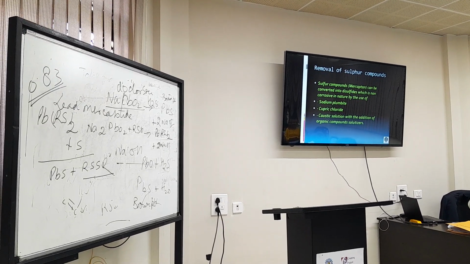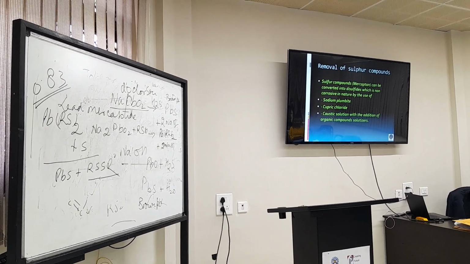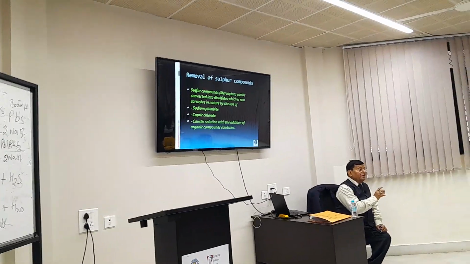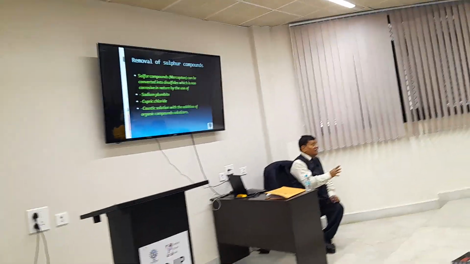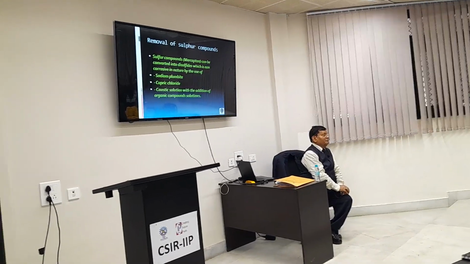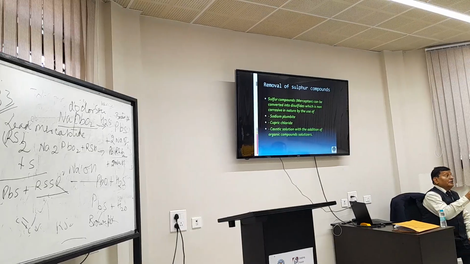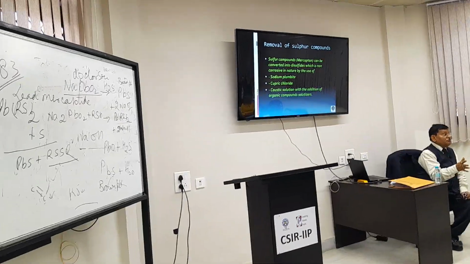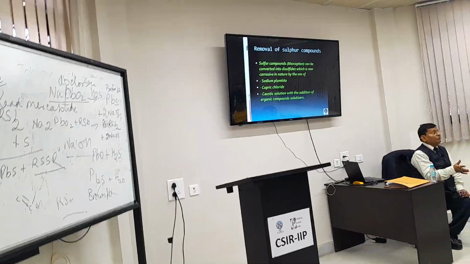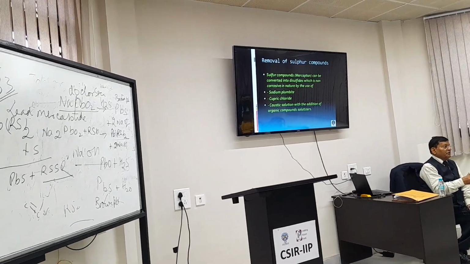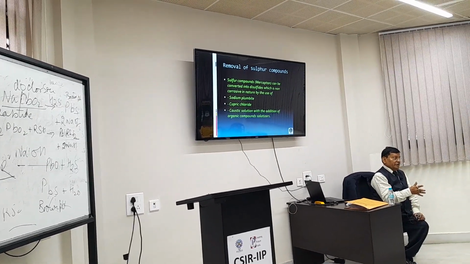Now we come to the nitrogen. Nitrogen is present in the crude oil in the form of fuel property, but for customer satisfaction, you cannot sell it. Correct? Nitrogen is toxic because emissions of nitrogen are coming in the form of NOx, oxides of nitrogen. So they are toxic.